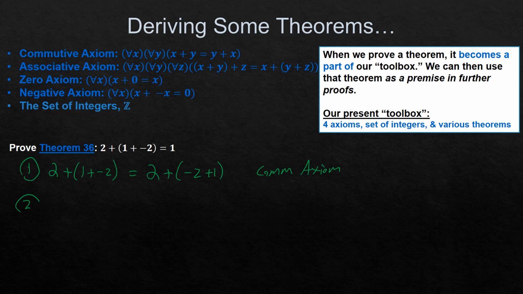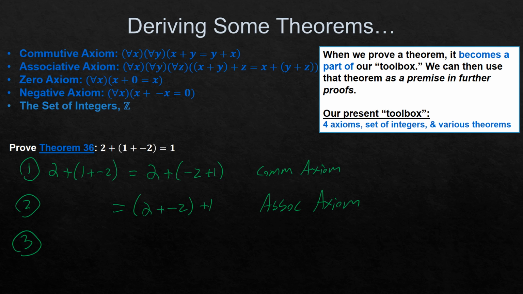And then for line 2, we're only going to concern ourselves with that right-hand side. We want 1 ultimately. So we'll use the associative axiom, so we can get that 2 and minus 2 close together. So we can say the quantity 2 plus a minus 2, then plus 1 by the associative axiom.